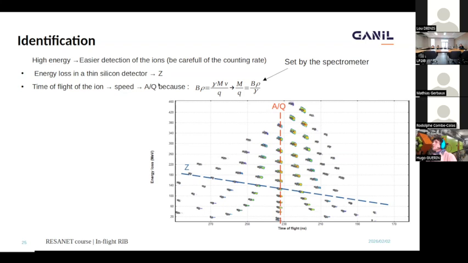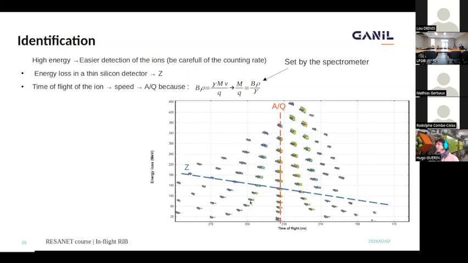With these two pieces of information, you are now able to have this plot, the energy loss as a function of the time of flight, and each spot on this identification matrix is one isotope. This vertical straight line is for A over Q, which is constant.